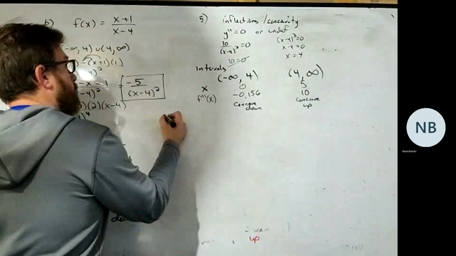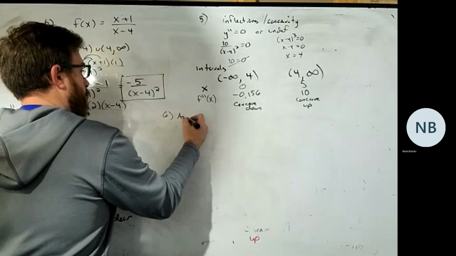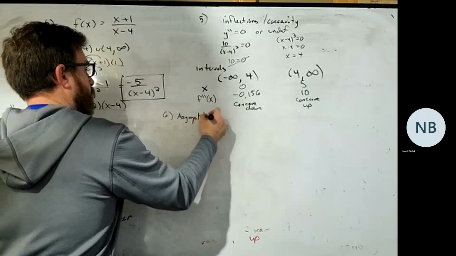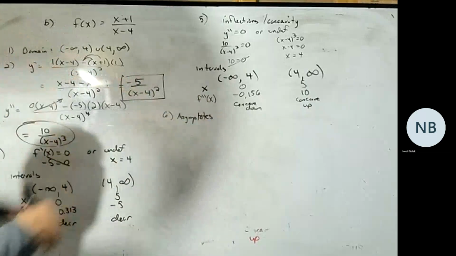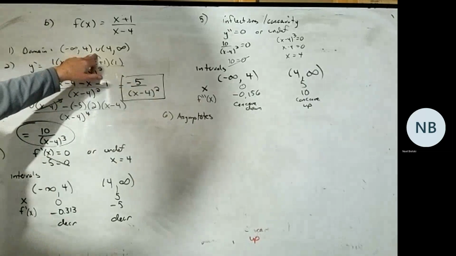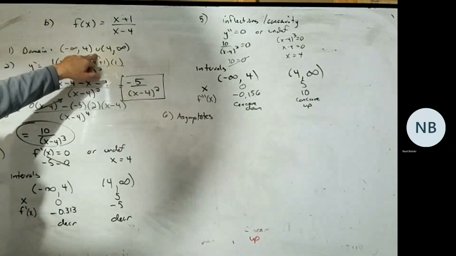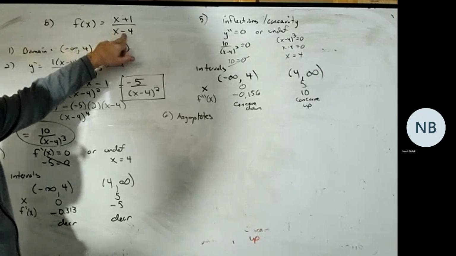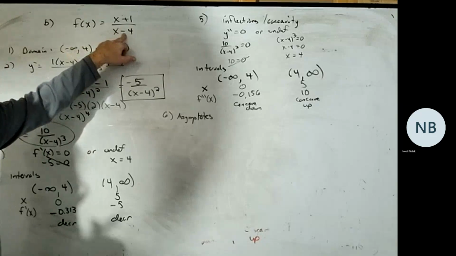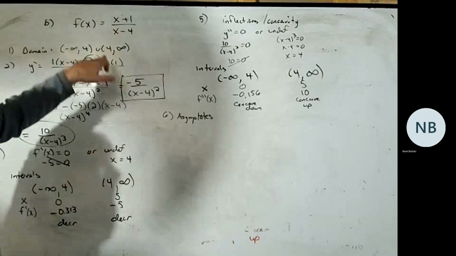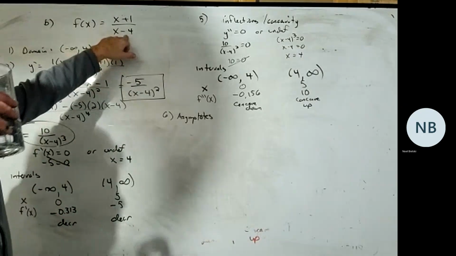Now, asymptotes. The reason why you have to exclude that x equals 4 is from your algebra class. Remember that when the denominator of a simplified rational expression is equal to 0, that means that x equals 4 is a vertical asymptote.